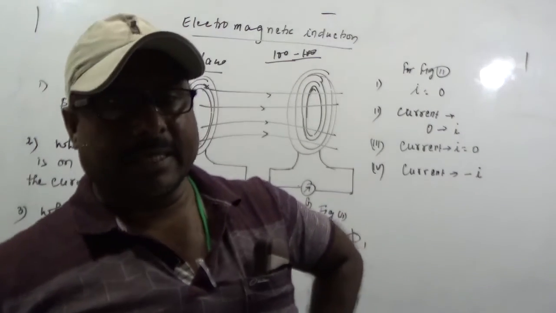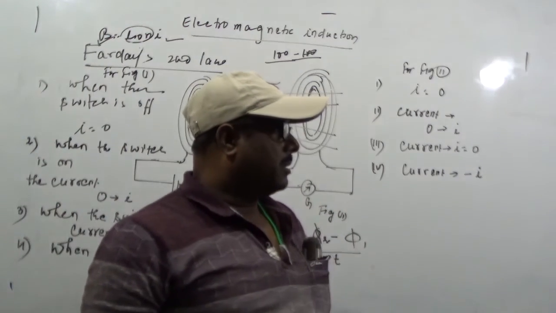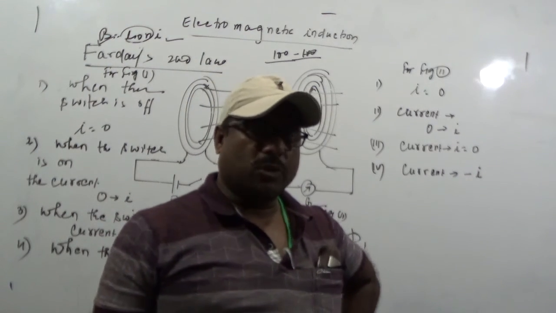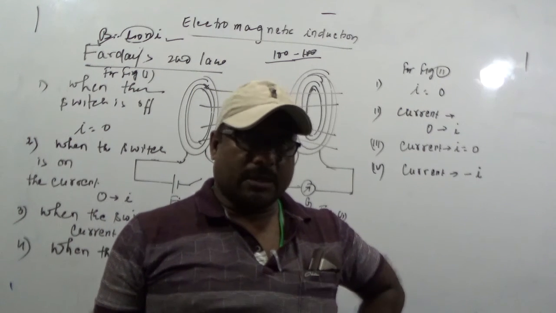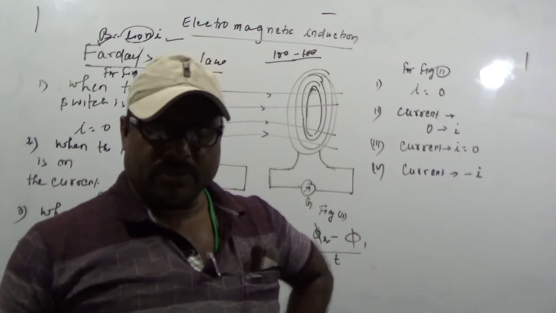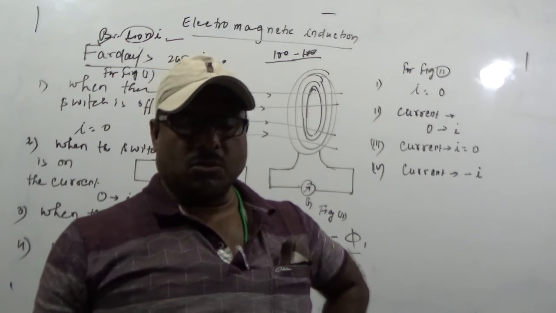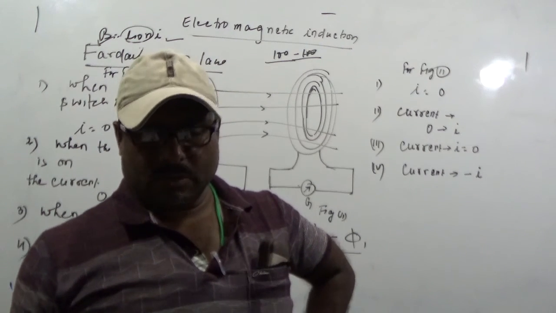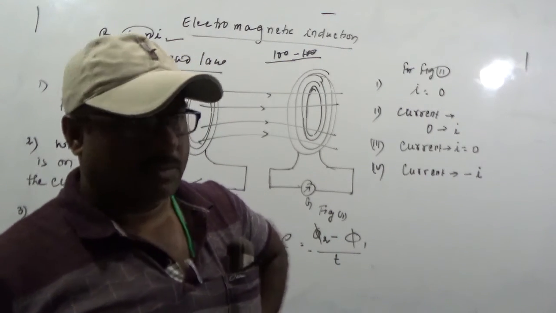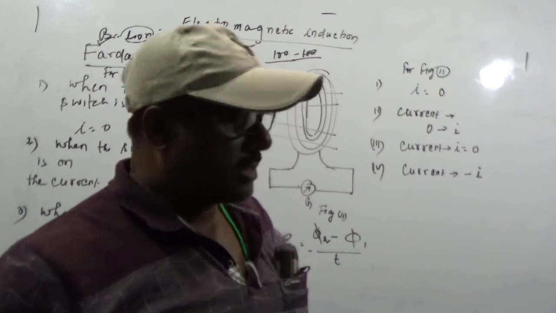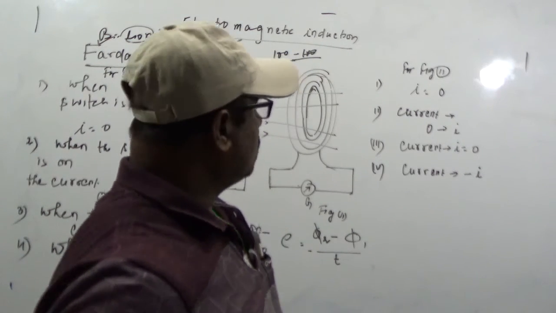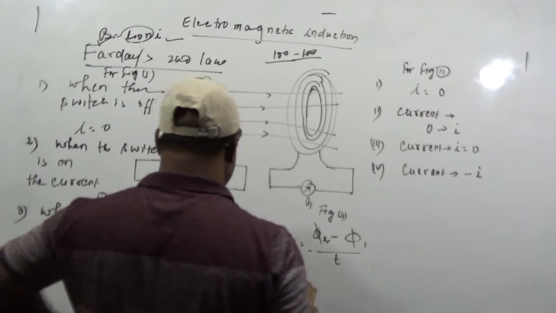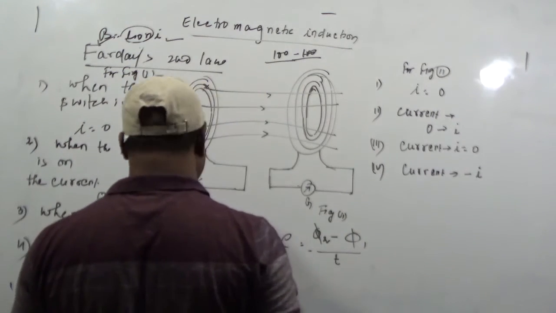Then the deleted syllabus, the generator is no more a part of the syllabus, but the CBSE has instructed the teachers to teach those topics which have been deleted also. So that should be also discussed. Look here now, Fleming's right hand rule. So I think the point is clear.